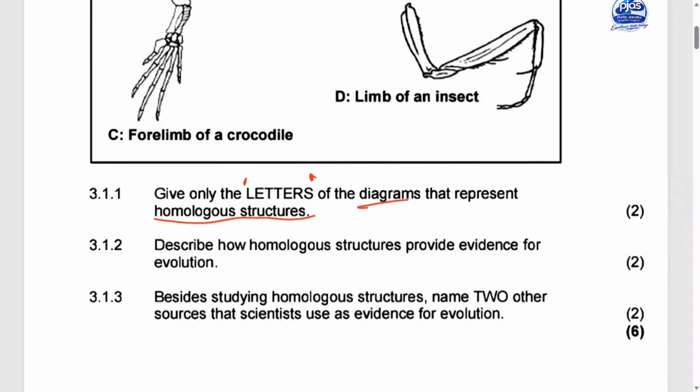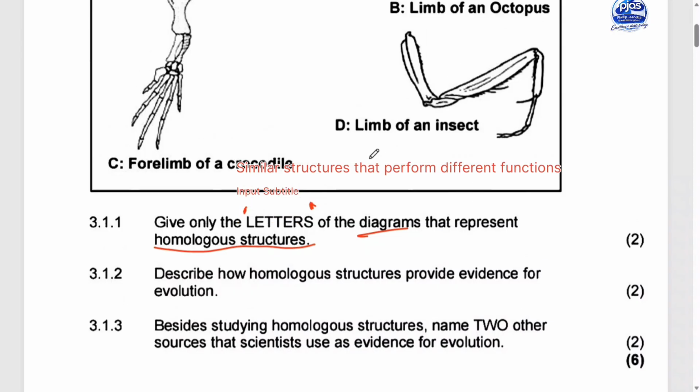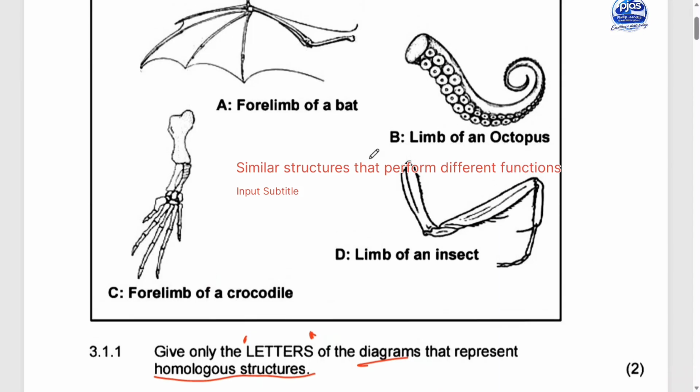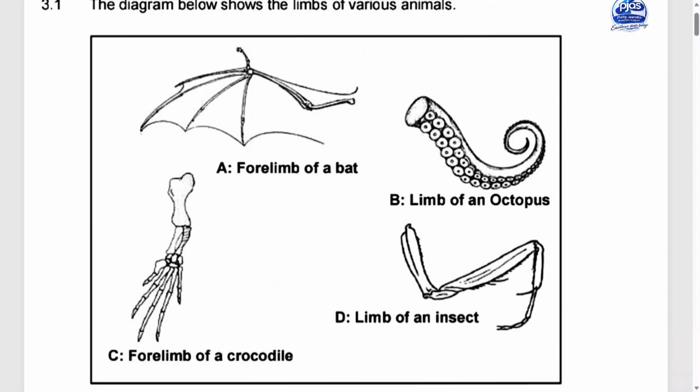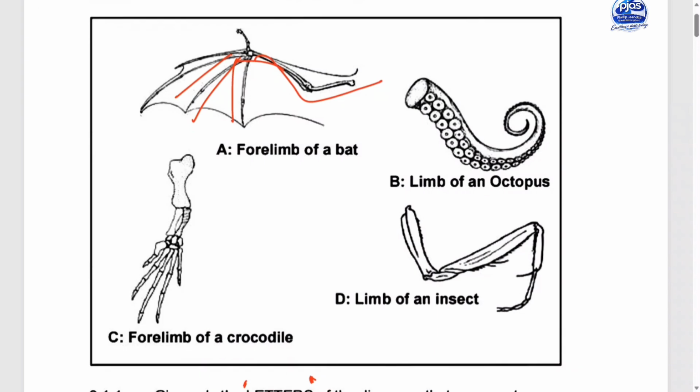So when we say homologous structures, those are structures that look alike, the same structures, but they perform different functions. If you check the forelimb of a bat, it is used for flying.